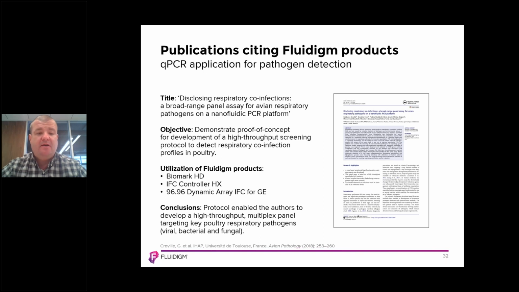The authors of this paper used the Biomark HD, the Fluidigm IFC controller HX, and our 96.96 dynamic array. The conclusions put forward by the authors, published in Avian Pathology, show that the protocol enabled the authors to develop a high throughput multiplex panel for targeting key poultry respiratory pathogens.